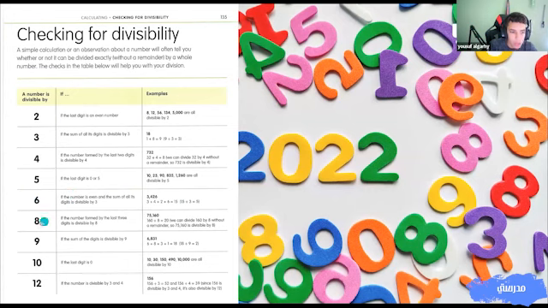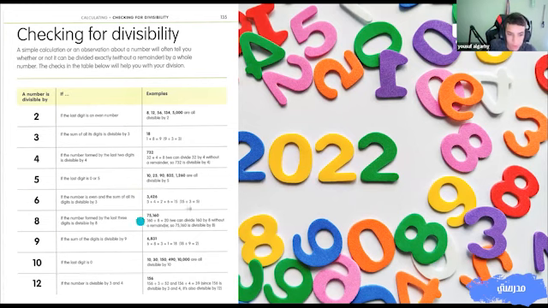Okay, let's do 8 now. If the number formed by the last 3 digits is divisible by 8. Okay, so the last 3 digits of this number is 160. Okay, so 160 divided by 8. Does anybody know what that is? 160 divided by 8 is actually 20.